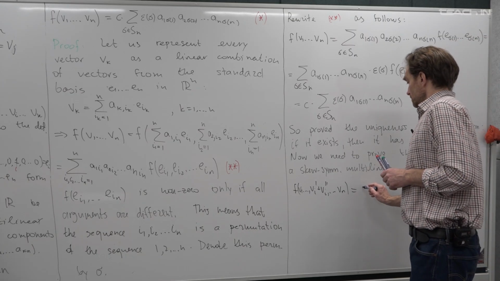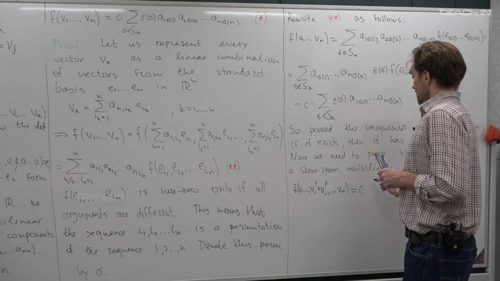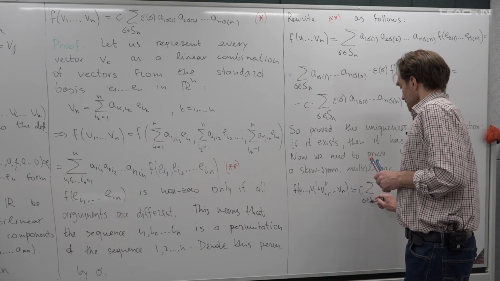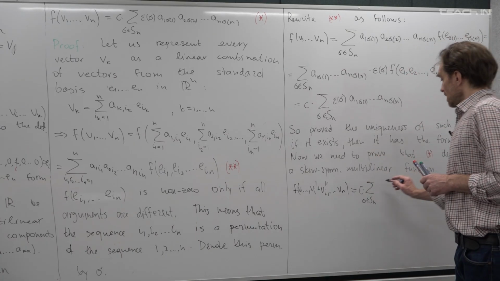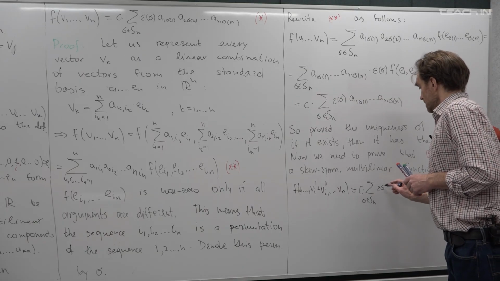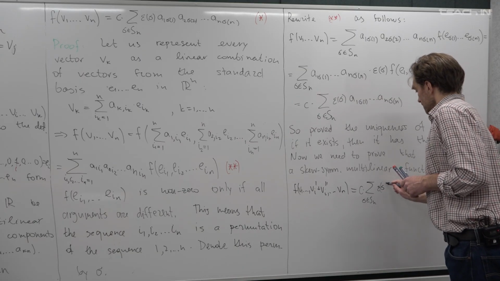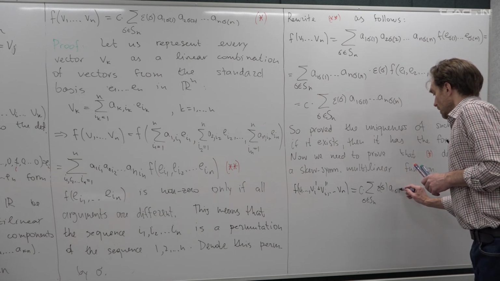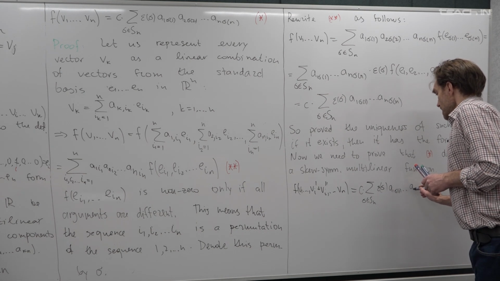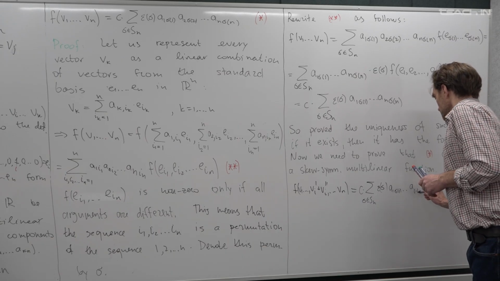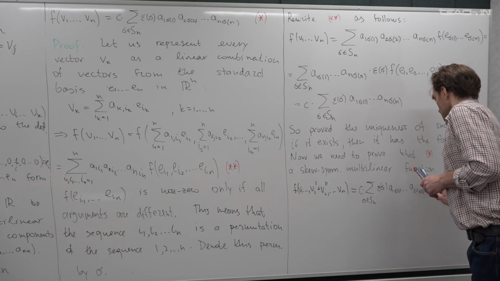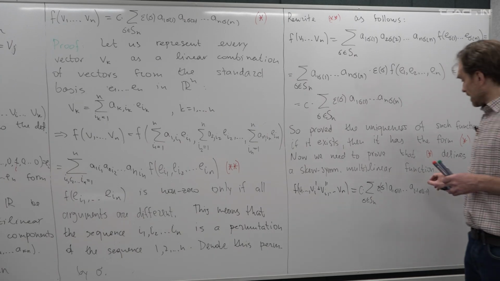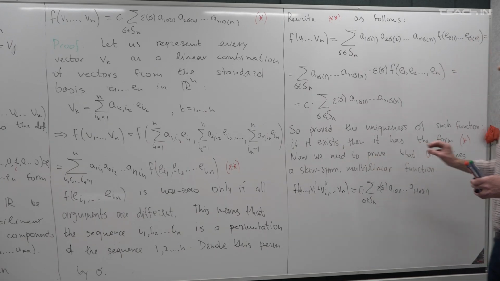According to our formula, it is c multiplied by the sum over all permutations of epsilon of sigma, so epsilon of sigma multiplied by a1 sigma of 1, etc., I minus 1 sigma of I minus 1. And what are we going to have as the ith factor in this product?